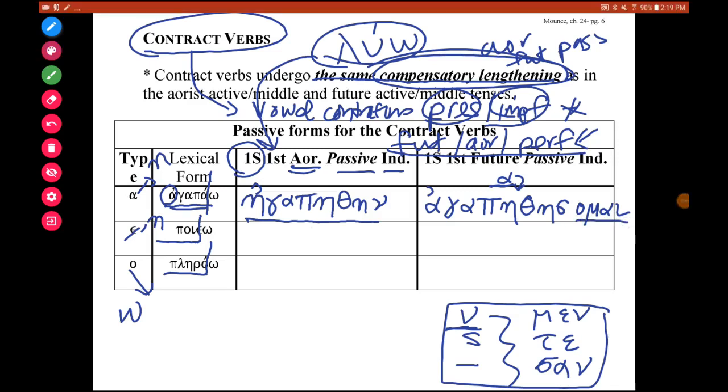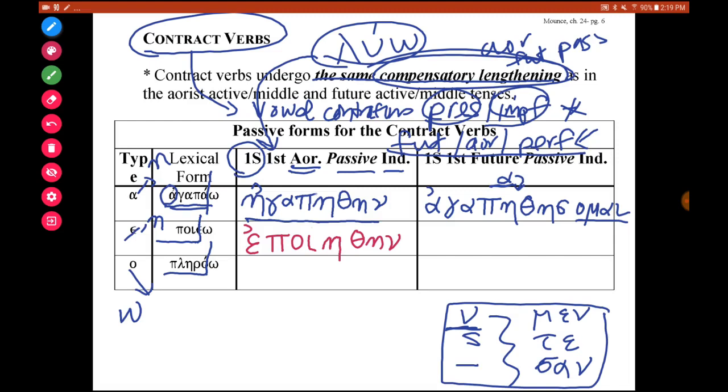What about poieo? Well, for the aorist form, if I want to say I was made, I was done, have my augment, add the verbal root, and then compensatory lengthen the epsilon, so it's an eta, and then add my then, and epoiethen is I was made, I was done.